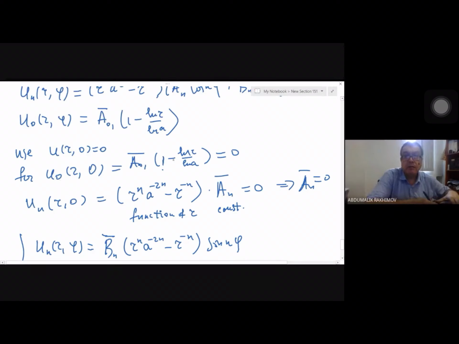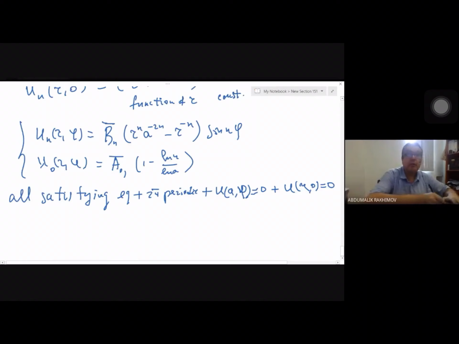So this is a function, then a01 bar must be equal 0. You see? Because this is in the bracket, we have a function. No changes for u0, but it must be 0. So a01 is 0. Then u0 is 0. So we don't have u0.